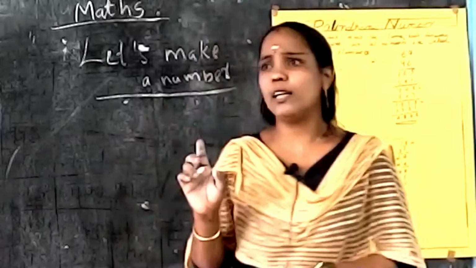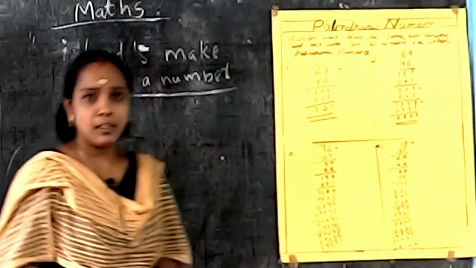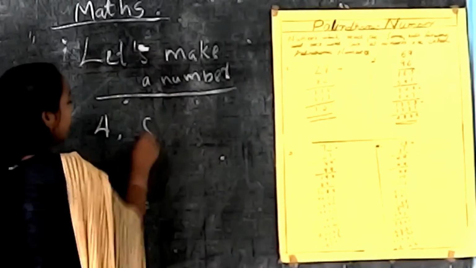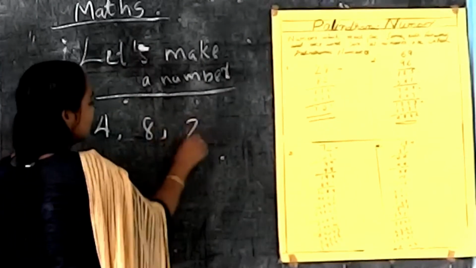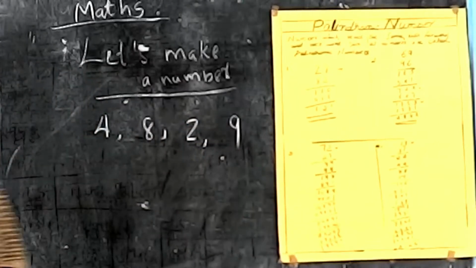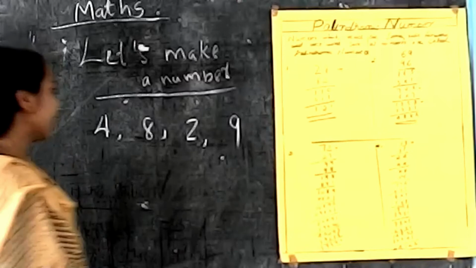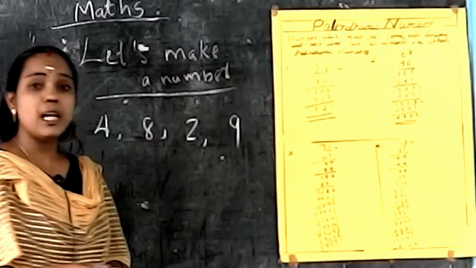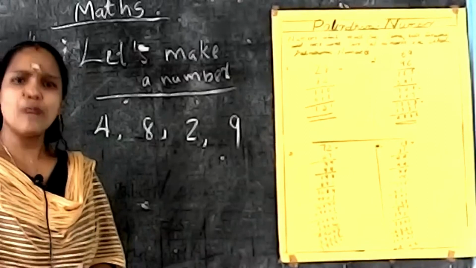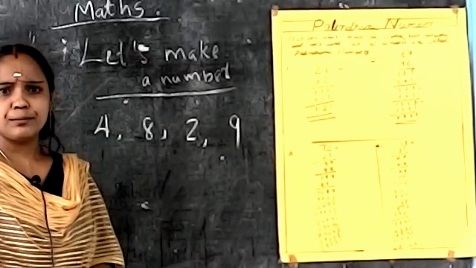Now I give a 4-digit number: 4, 8, 2, 9. Want to make the largest number. How can we make the largest number?